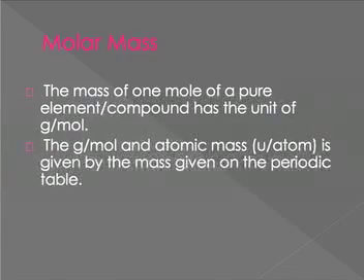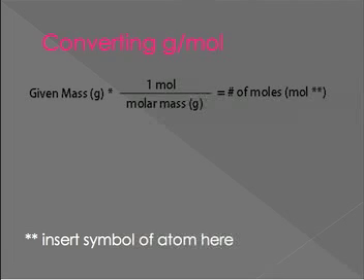So now we're going to look at the simple conversion of mass to moles and moles to mass. I'm going to look at an example given in the lesson plan.